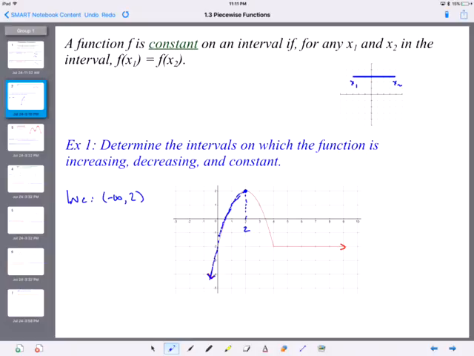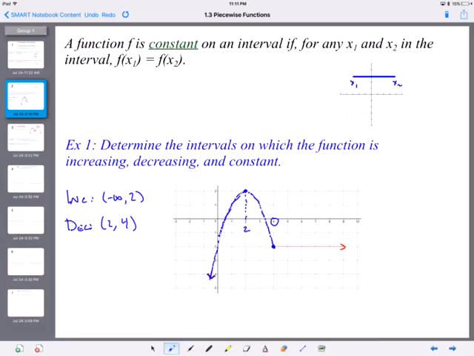And then it starts to decrease. The y values go down, and then they stop at this point right here. So they're decreasing on the interval from 2, and make sure you're writing the x value, to 4.